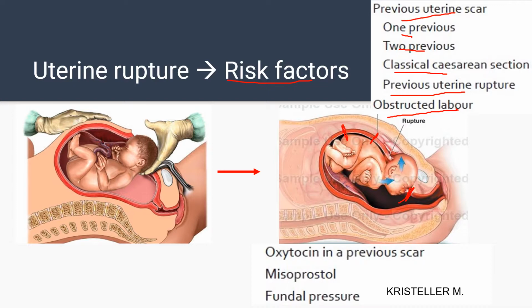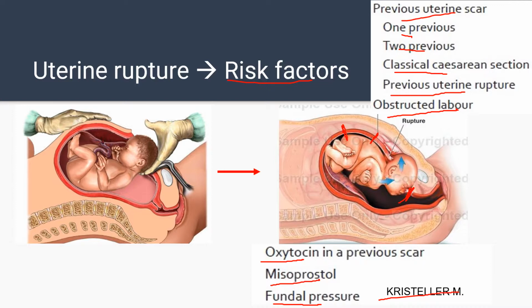Other important risk factors are oxytocin induction or misoprostol induction in a previous scar, and applying fundal pressure. The Kristeller maneuver is also a risk factor for uterine rupture, and here in this hospital the people practice it a lot, and I know that sometimes you need to do it because you don't have an instrumental delivery, and you have a non-reassuring tracing and the baby is almost out, and you need to do it because the theater is full.